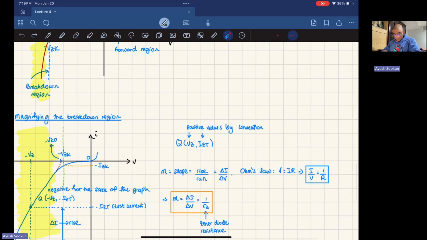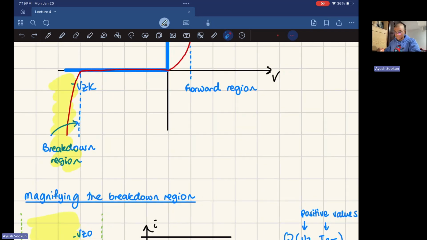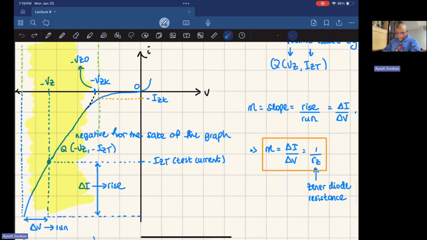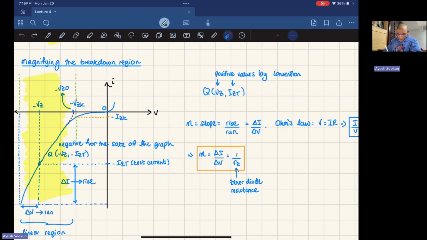So we're gonna magnify this breakdown region to get a further understanding of it. This is the breakdown region, the highlighted region. I'm just gonna increase that region further. This is the minus VZK that I was talking about earlier. And then this is the end of the breakdown region, sort of, because it's going to keep on going, but at some point we don't really care.